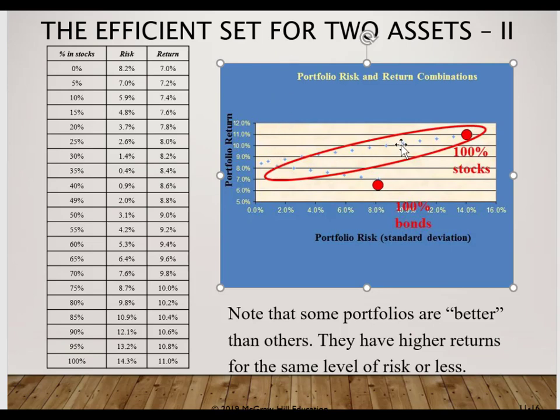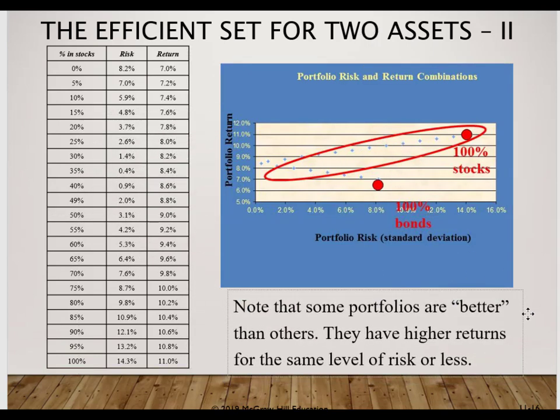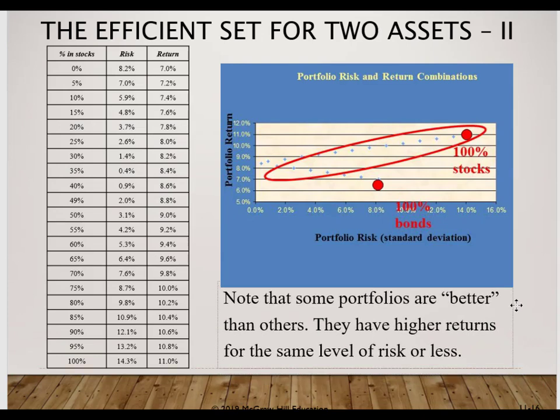What does efficient set mean? An efficient set means that there are no other portfolios that have a higher rate of return and lower risk. So again, this is just two-asset combinations.